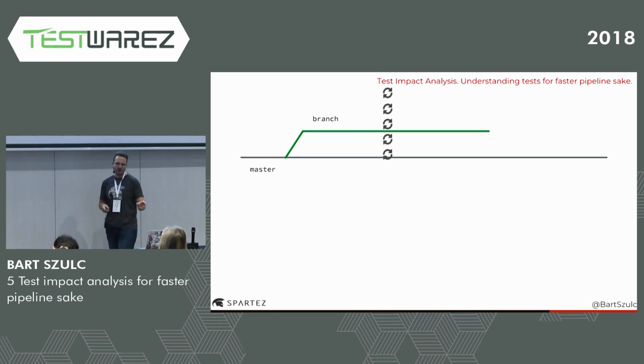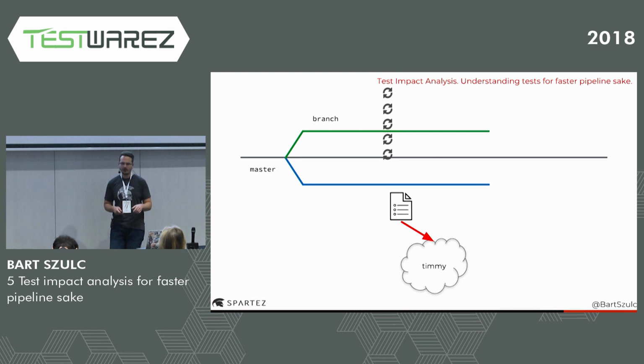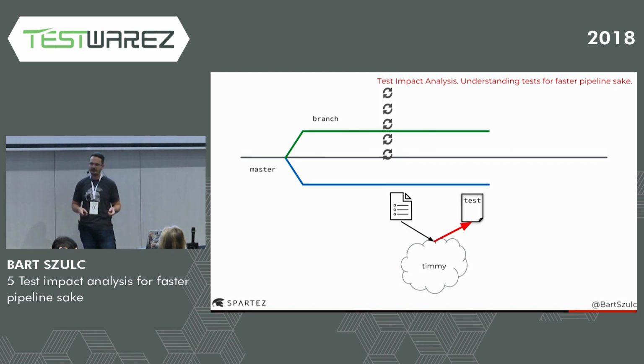Whenever tests were run on a feature branch, we were doing something in shadow. We were trying to find out what changed on that particular feature branch, what files changed, and ask TIMI for all the tests that need to be run. So basically, we still were running all the tests, but at the same time, we were in the shadows trying to find out what tests we would run in the optimized way.